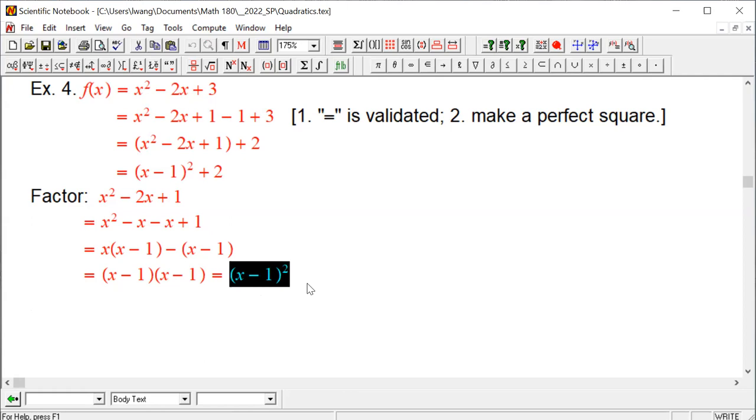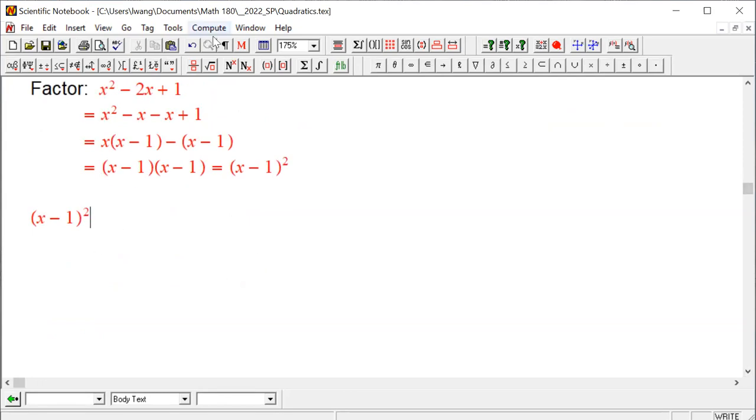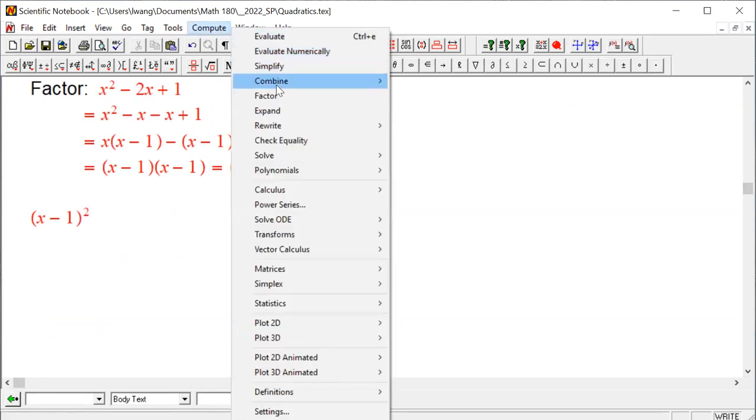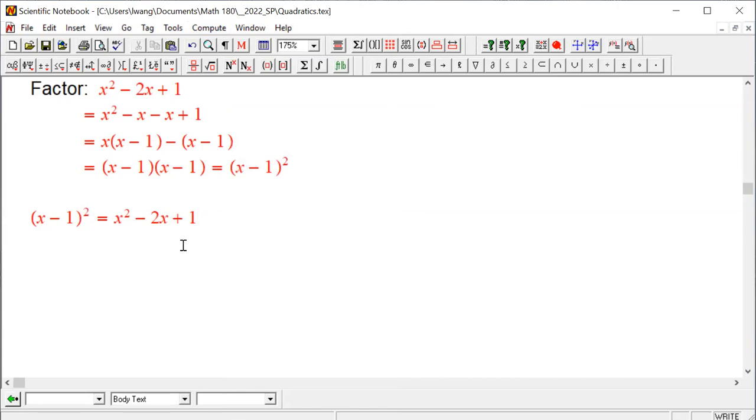So this requires some level of familiarity with the following perfect squares. For example, this piece, (x minus 1) squared, and you also have (x plus 1) squared. You'd like to have familiarity with these.